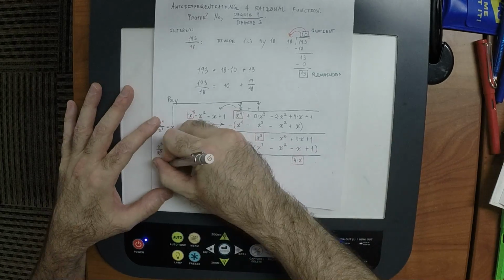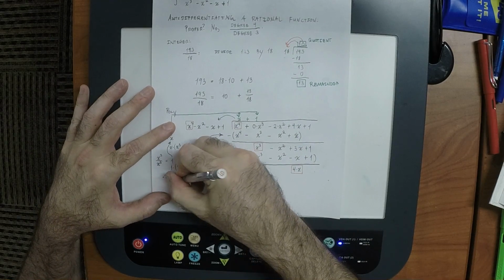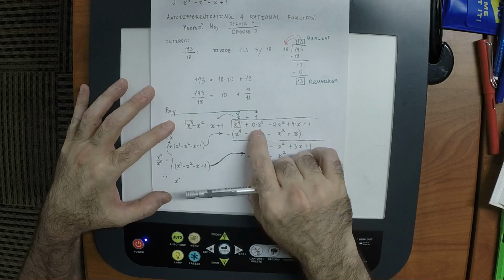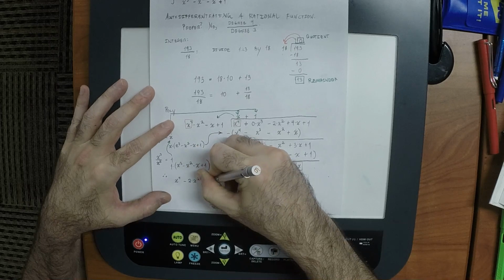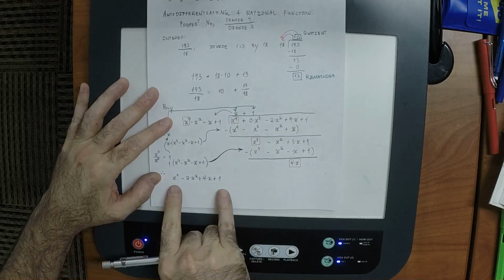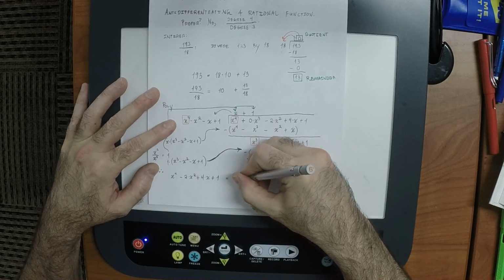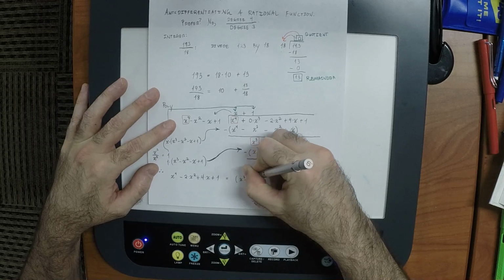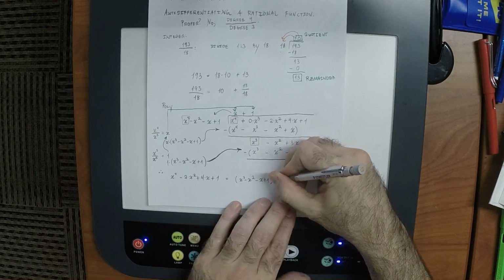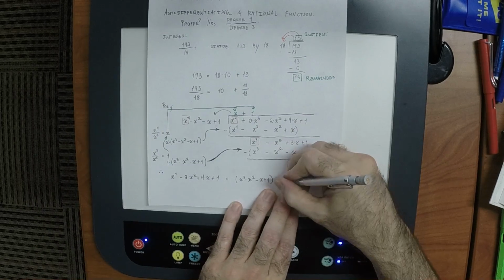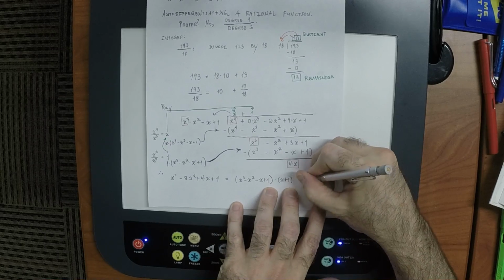So we can say, therefore, what we're doing here is that this thing, x to the 4, and then I'll omit the 0, minus 2x squared plus 4x plus 1, this thing that we were dividing up, is equal to the divisor, x cubed minus x squared minus x plus 1, multiplied by the quotient that we found, which was x plus 1, and then we add to that the remainder.